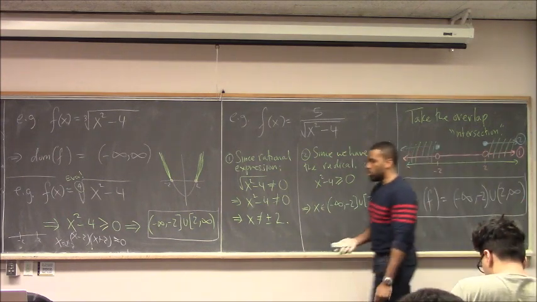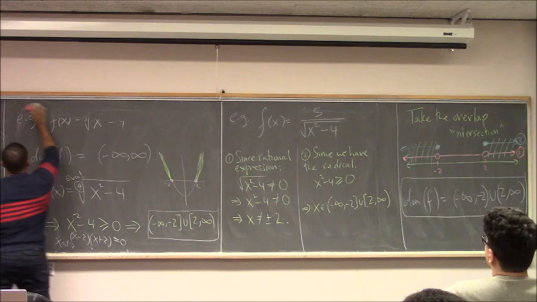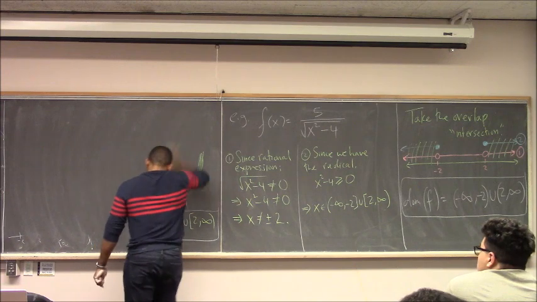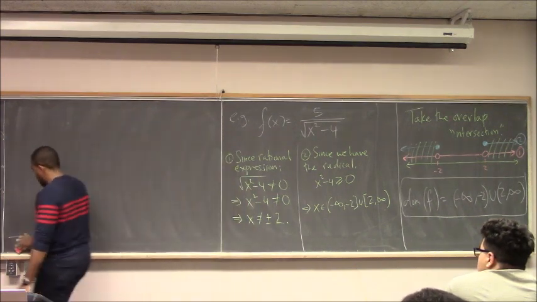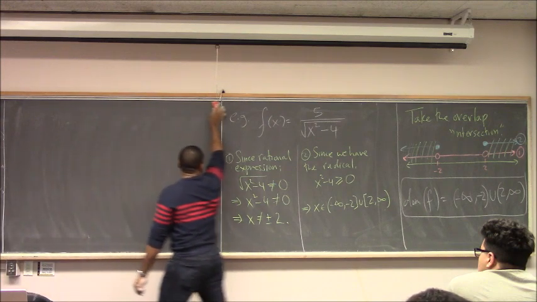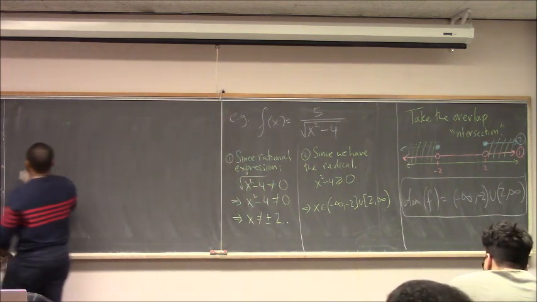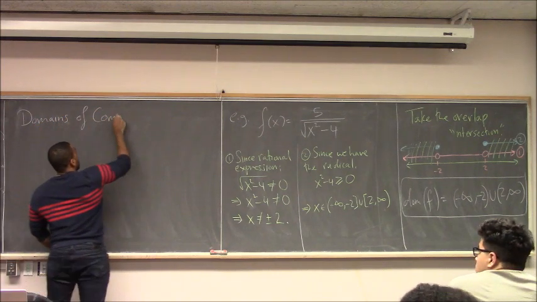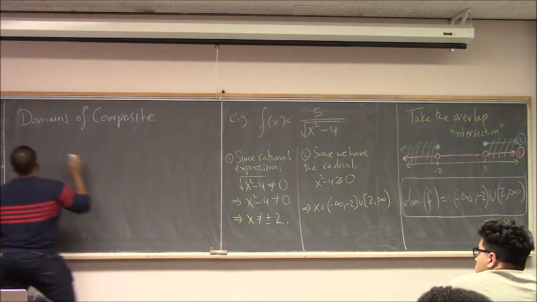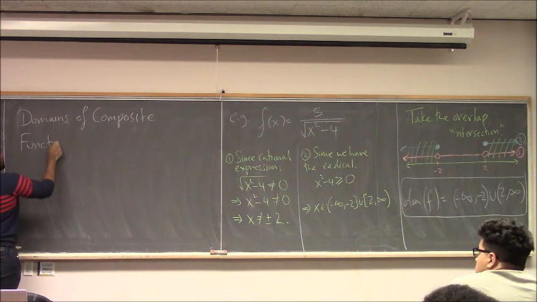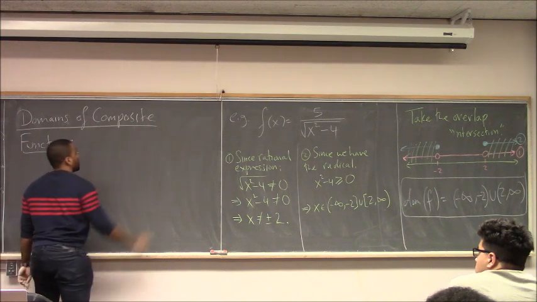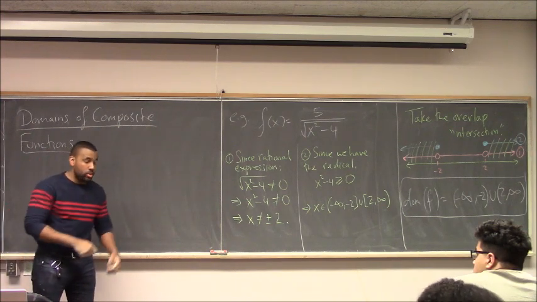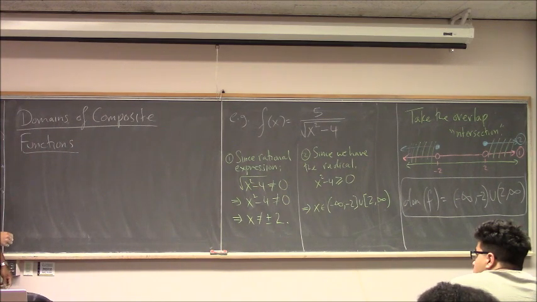Another situation in which we need to worry about the domain is in the case of composite functions. Those kind of have their own little rule. Okay, so remember what a composite function is when you take one function, plug into another function. That has its own little weird domain rule that you have to worry about.